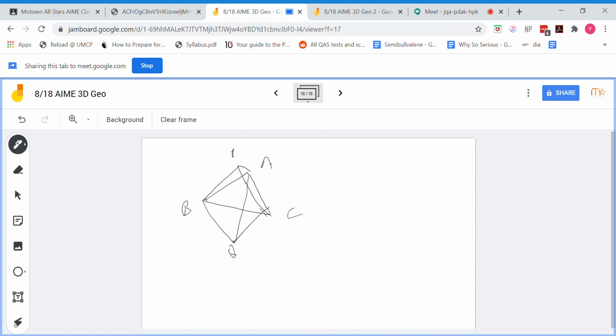If we drop the altitude from P, wow, it's kind of hard to see where all these lines are, which is why it's beneficial to draw dotted lines, because now that I'm looking at it, it's kind of confusing to see which lines are in the front and which lines are in the back, right?